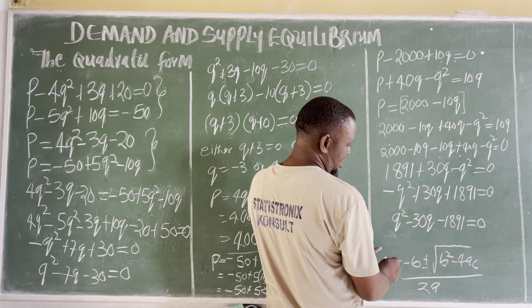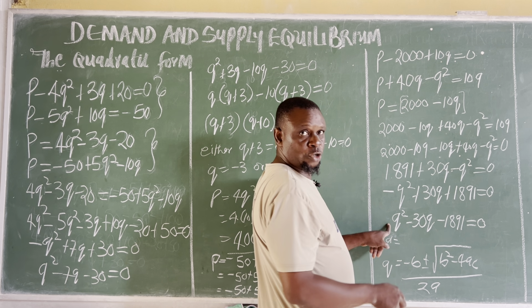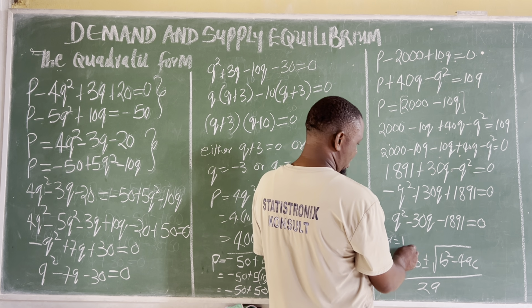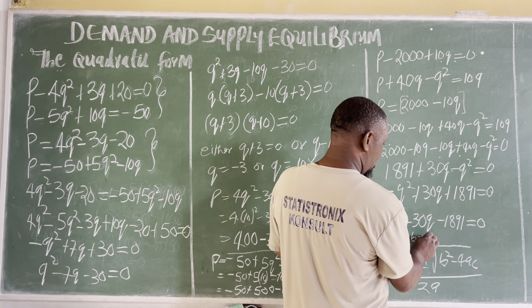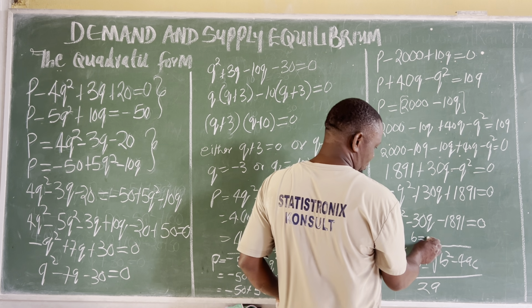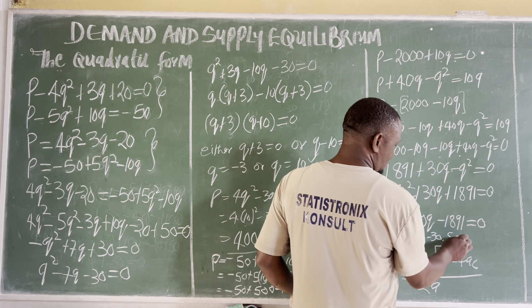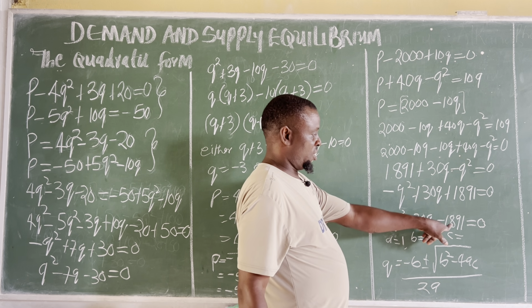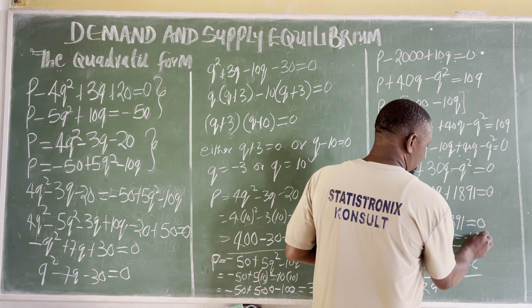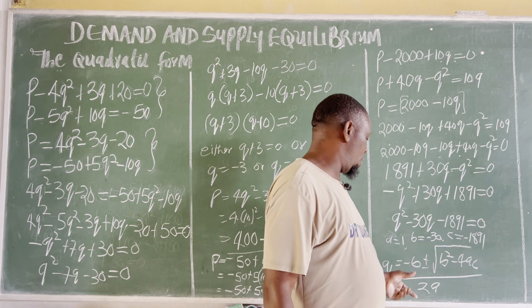In this case, our a is the coefficient of q square, which is 1. Then our b, the coefficient of q, is minus 30. Now, our c is minus 1891.